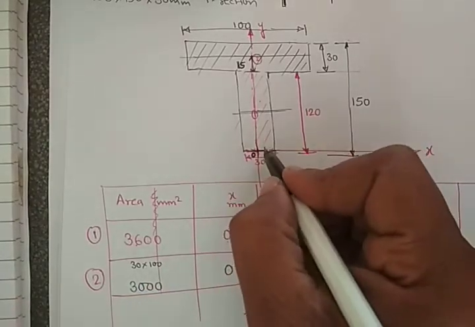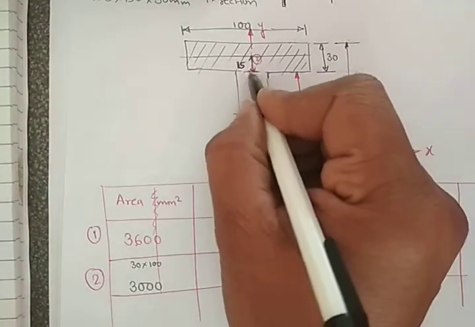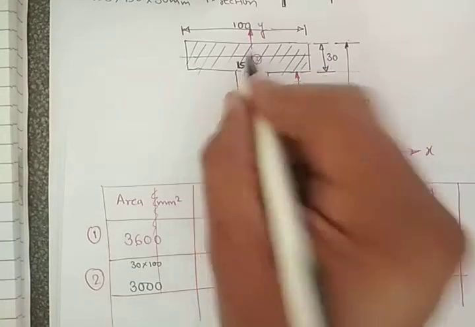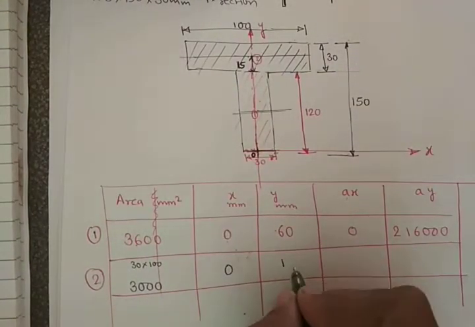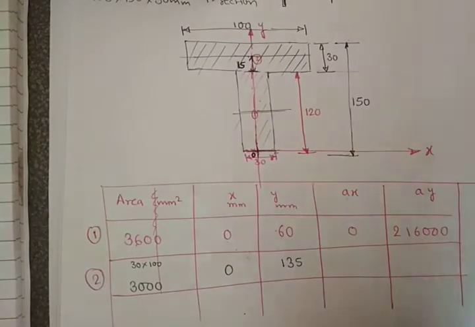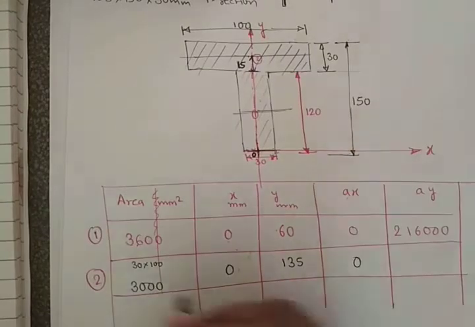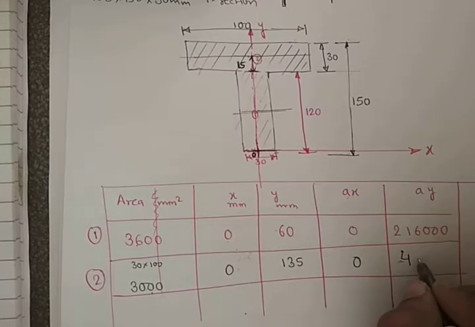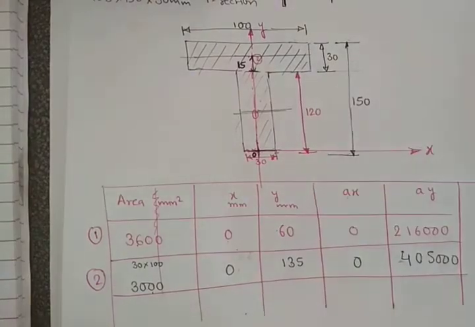Where it is 1, 2, 3, 4, 5, 6, 7, 8, 9 up to 120. 120 plus 15, how much does it become? It becomes 135. Okay. Now area into X is 0, area into Y, if you calculate, we will get 405,000.